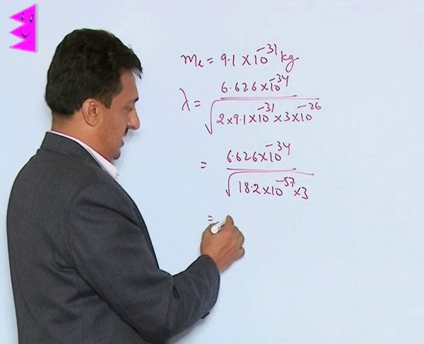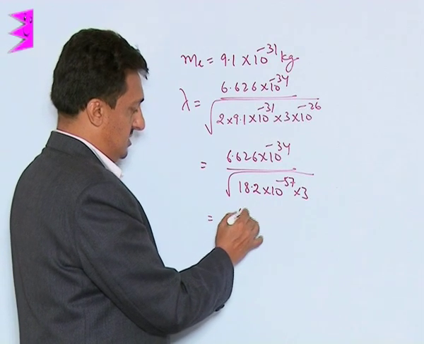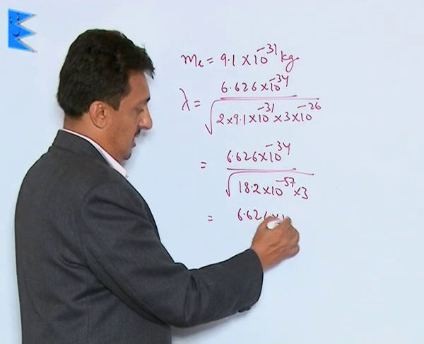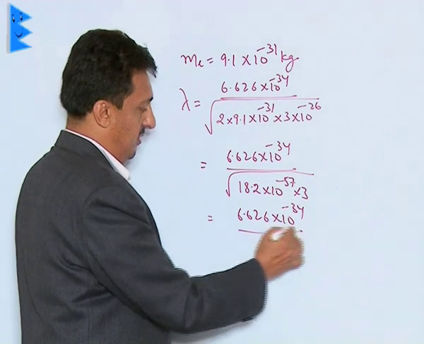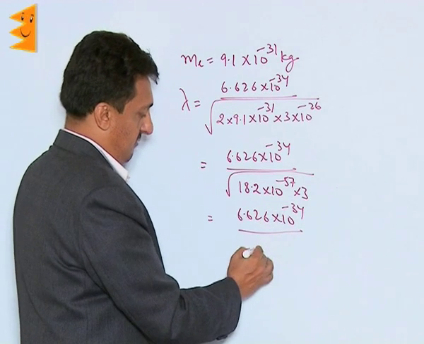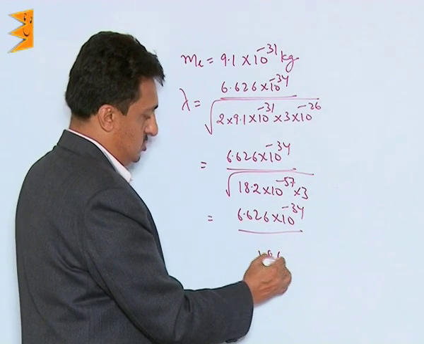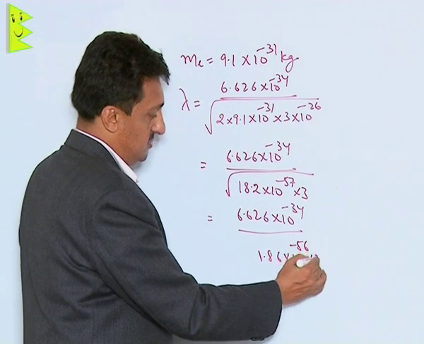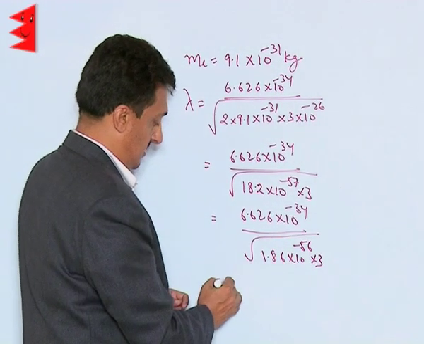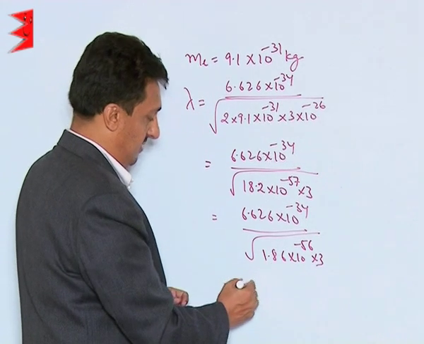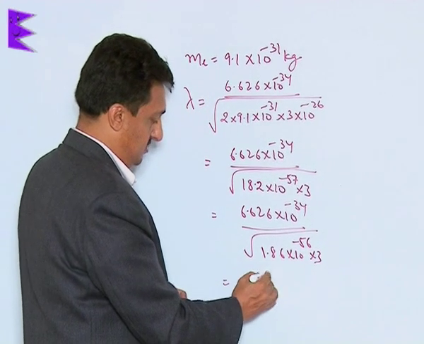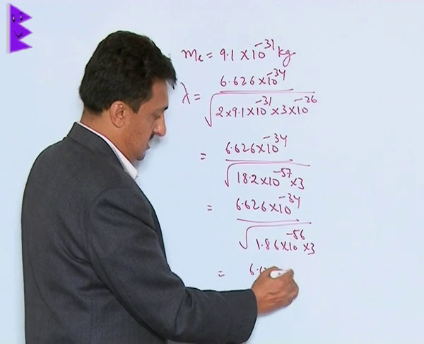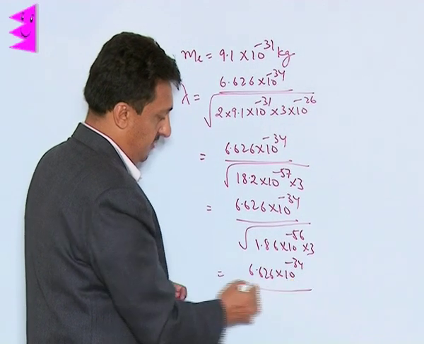Again, we can change this into 6.626 into 10 to the power minus 34 over 1.82 into 10 to the power minus 56 into 3. We can multiply it by 3.